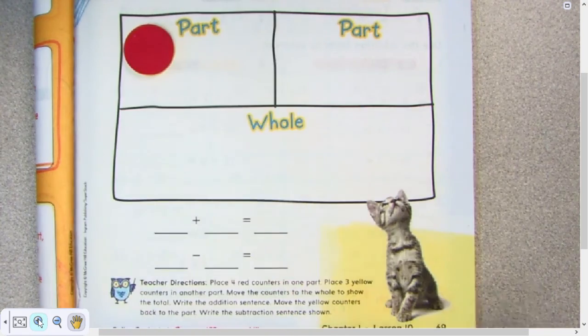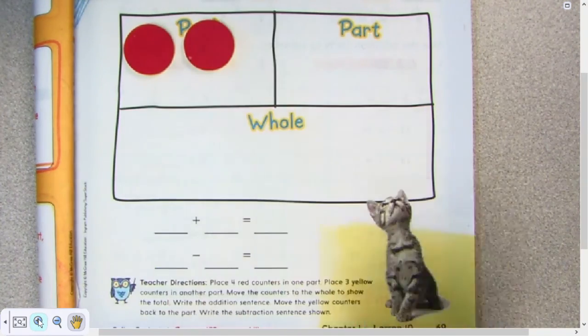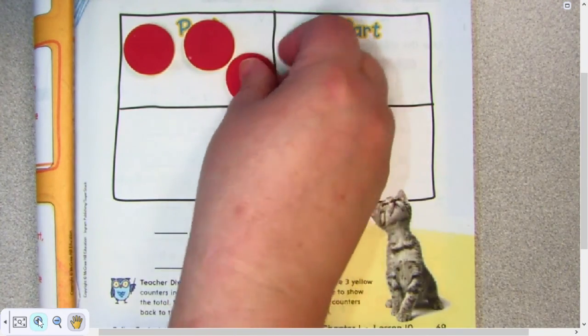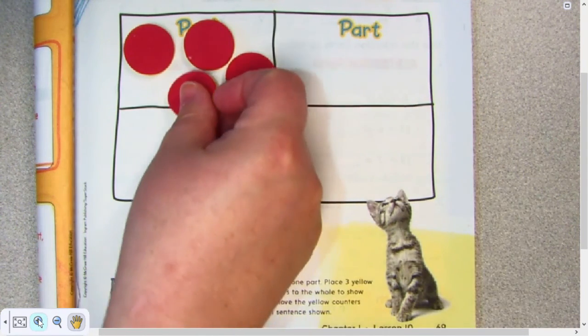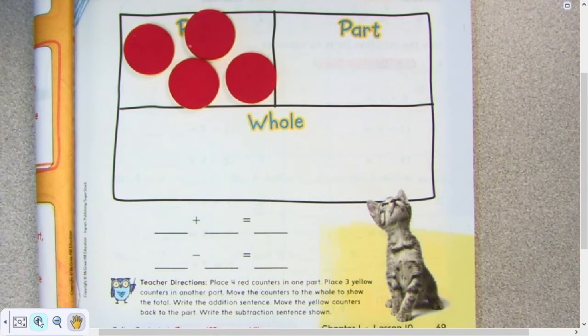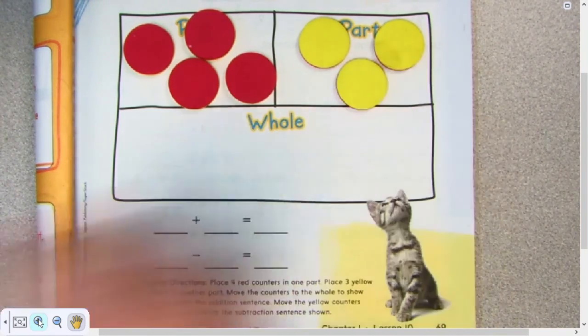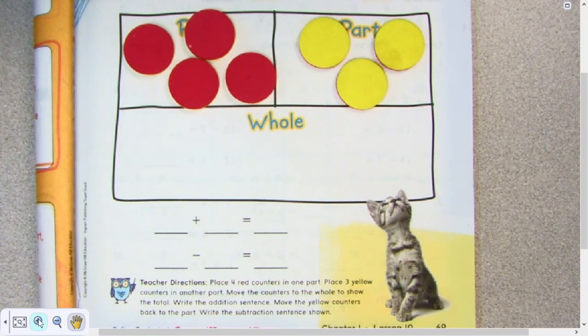So 1, 2, 3, and 4. And then it says place 3 yellow counters in another part. Are you ready? 1, 2, and 3. Got it?